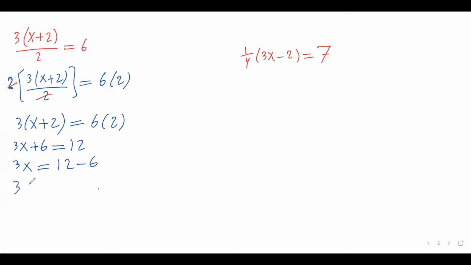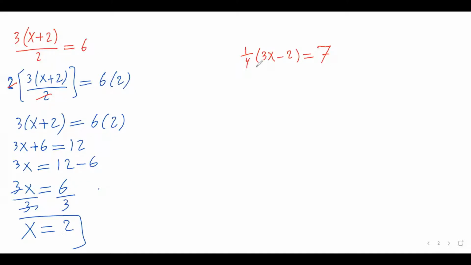So on the left side I have 3x equals 12 minus 6, which is 6. Now I have to get rid of this coefficient by dividing both sides by 3. So I have x alone on the left side. x equals 6 divided by 3, which is 2. This is our answer. x equals 2 is our answer.